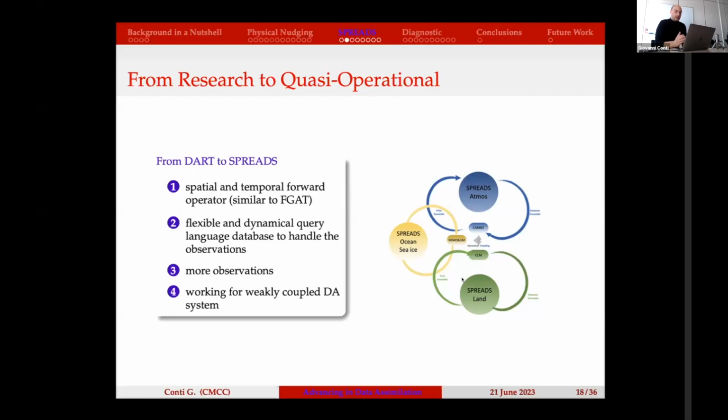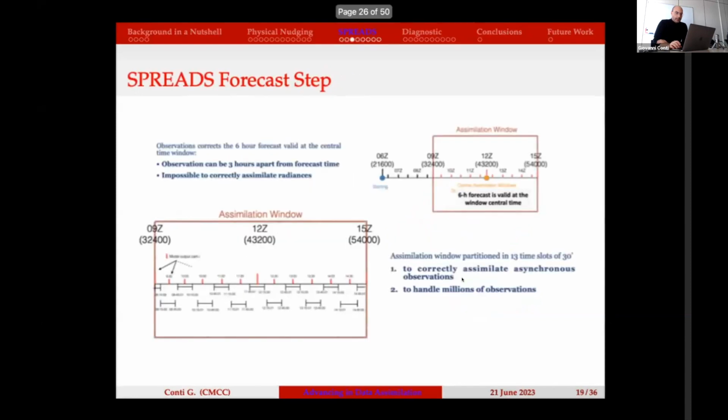So instead of text files, for example, we can manage more observations, and we can start to work also on a weakly coupled DA system. In particular, now we are concentrating on atmosphere and land. And how is this system working?